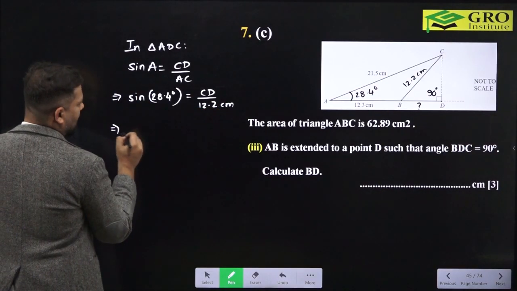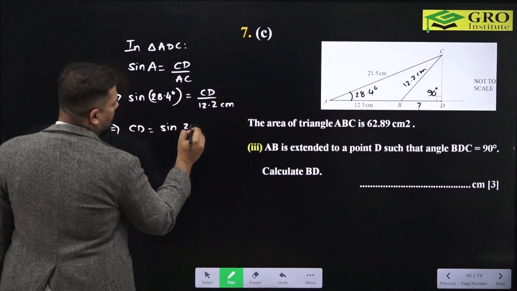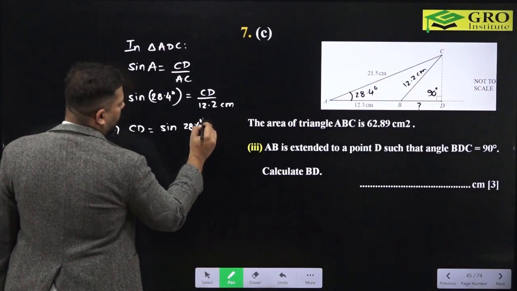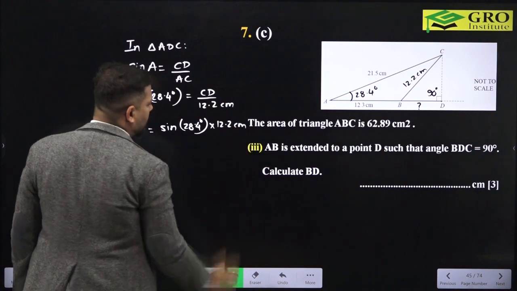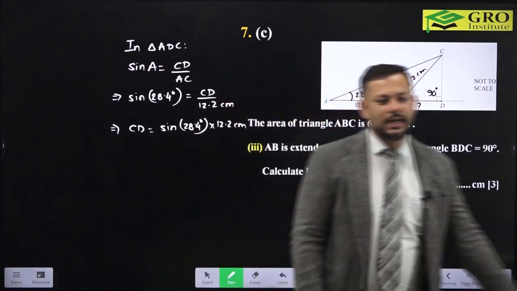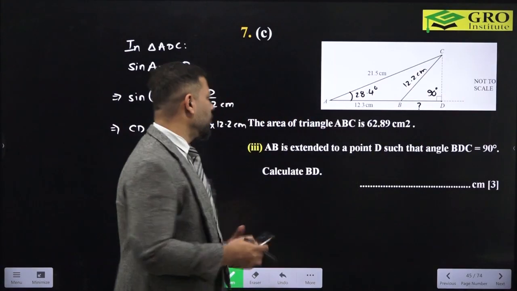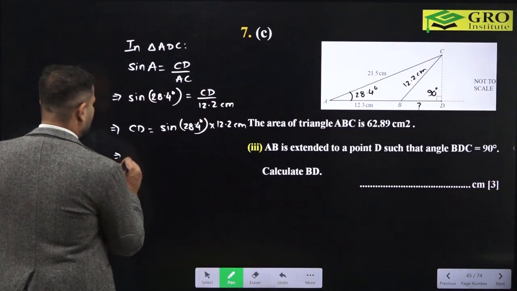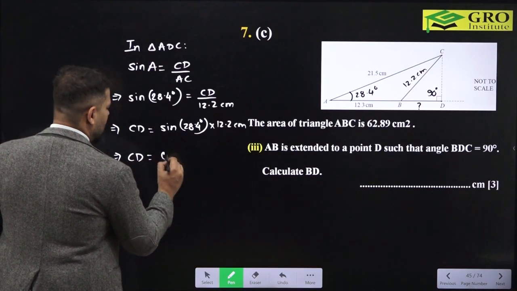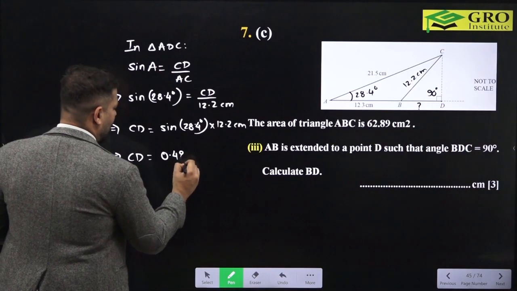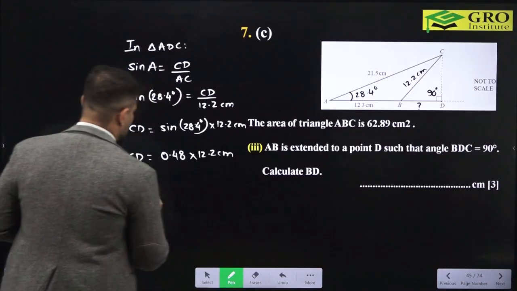Let us write down CD. CD would be the product of sine of 28.4 degrees with 12.2 centimeter. Let us quickly use our scientific calculator to get the answer. So sine of 28.4 degrees, guys, if I try to find it out, sine of 28.4 is coming out to be 0.48 and this needs to be multiplied with 12.2 centimeter.